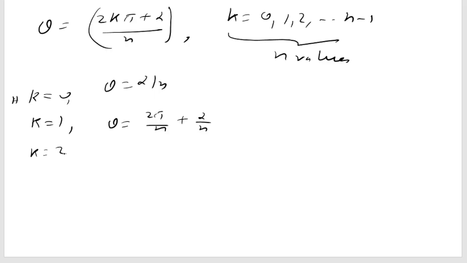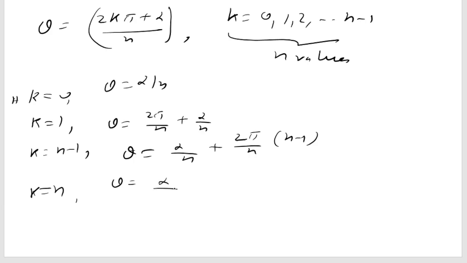Let's directly jump to k equal to n minus 1: theta is alpha by n plus 2 pi times n minus 1 by n. When k is equal to n, theta will be alpha by n plus 2 pi n by n, the n cancels out, so I get 2 pi plus alpha by n. So it is essentially nothing but alpha by n, as we discussed.